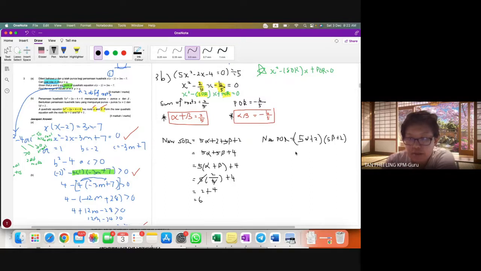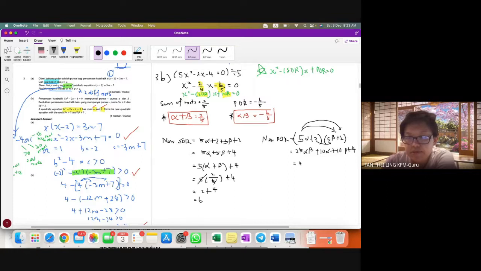Then we will get 5 alpha times 5 beta, we get 25 alpha beta, plus 5 alpha times 2, 10 alpha, 5 beta times 2, plus 10 beta, plus 4.